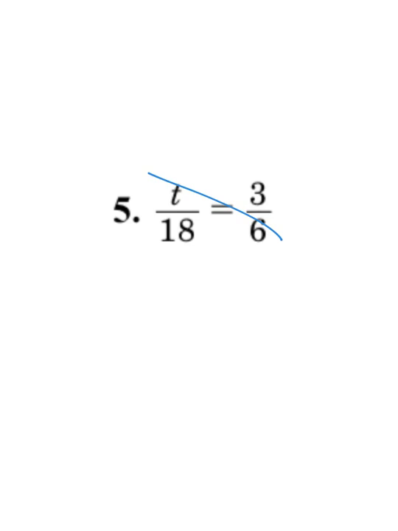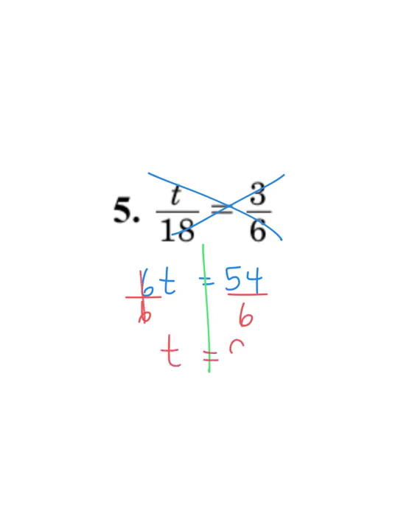There's my variable in the t. That's going to be 6t equals 18 times 3, 54. Divide by 6, 1t equals 9.